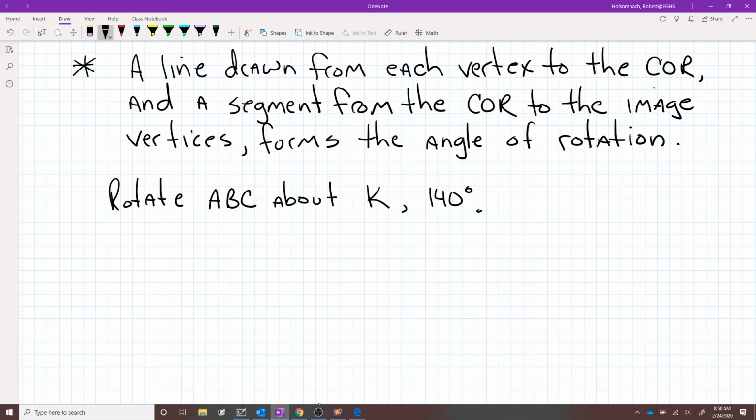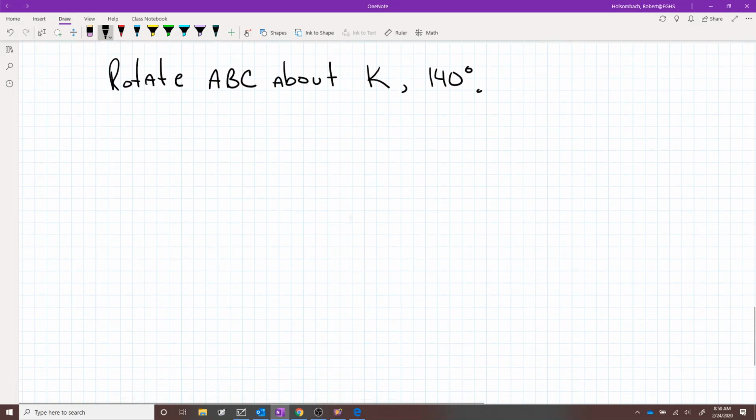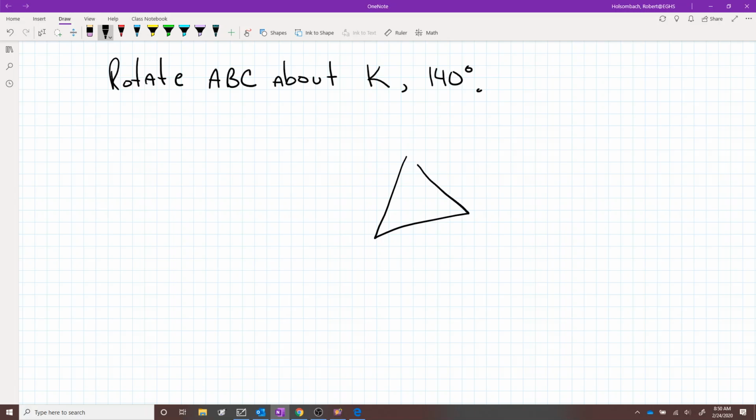Let's say we've got a triangle ABC, and then right here, that would be 180, be over there, 140, about right there. We're going to make this one red, point K.